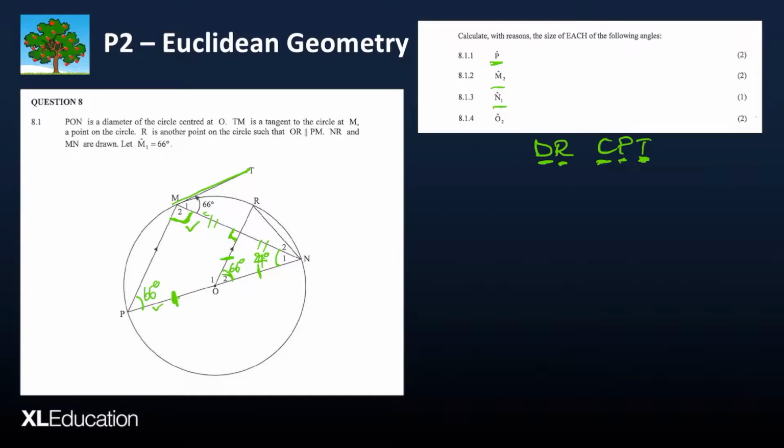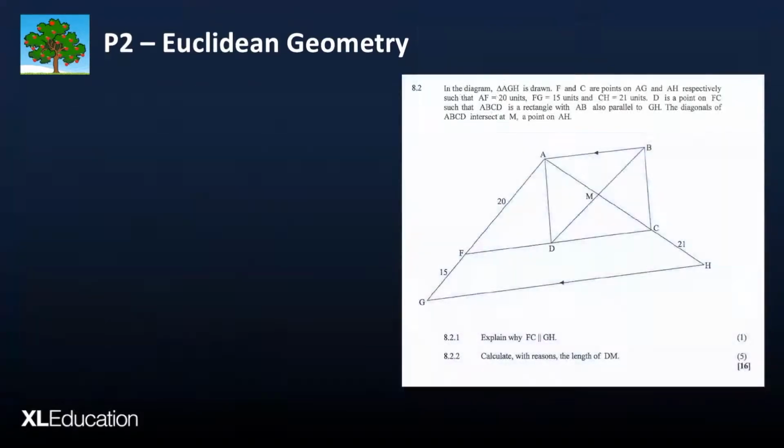Angle N1, we've calculated it. Remember, because of the sum of angles of a triangle, we found N1. Then angle O2 is already 66 degrees because of corresponding angles. All right. So we've grabbed those 7 marks without any stress.